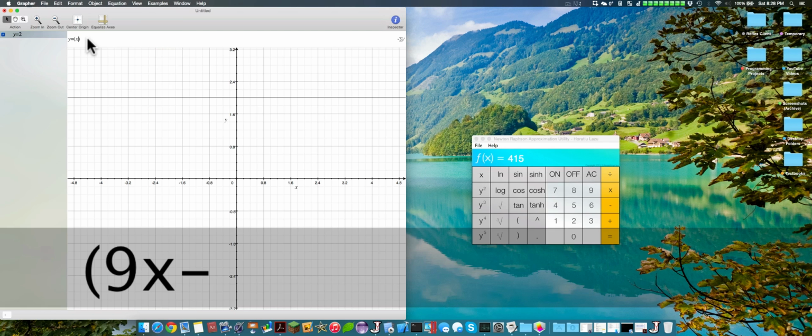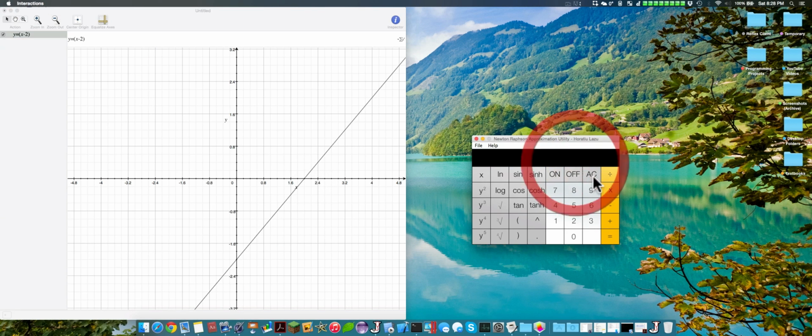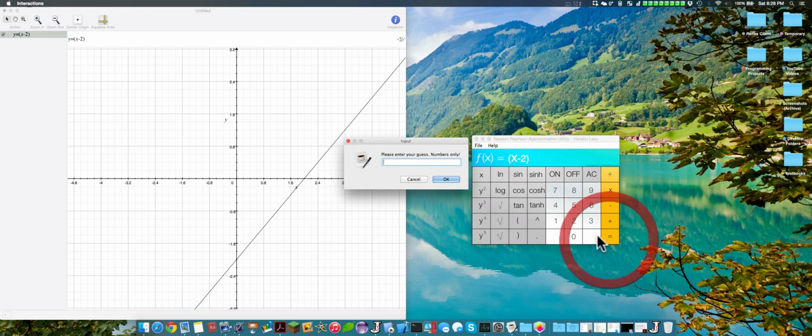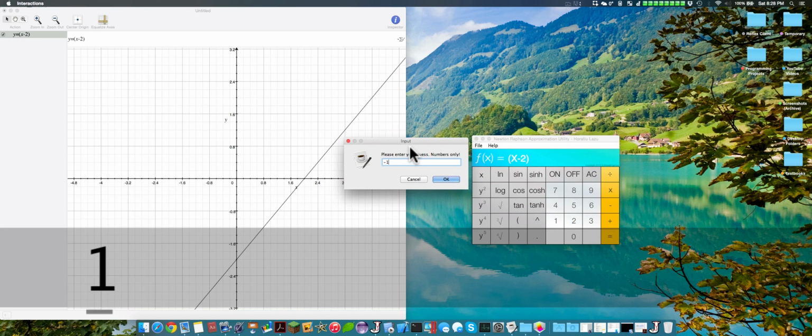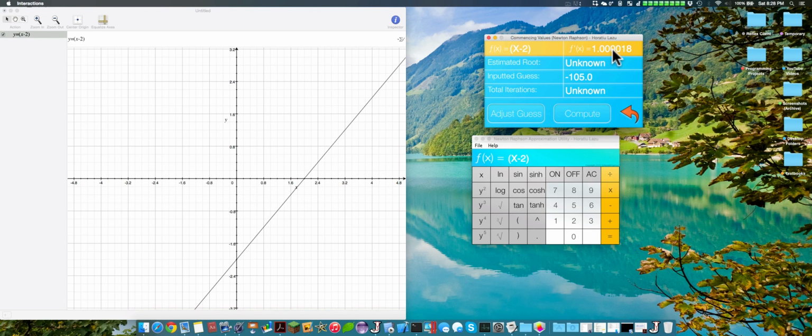Now if we do something like x minus 2, you'll get a root when x equals 2. So let's turn it back on. We know that when x equals 2, this will equal 0. So we input a guess, something like 105. And here we can see the derivative of this function, what the value is, the guess, and the total number of iterations.